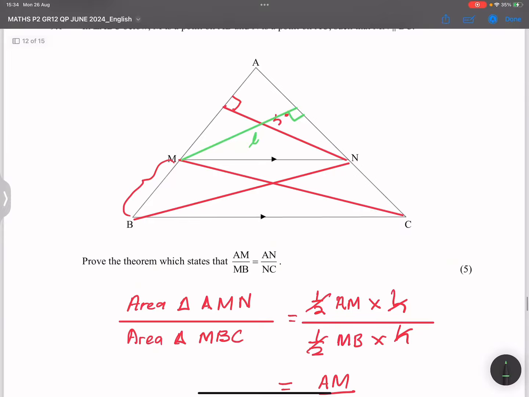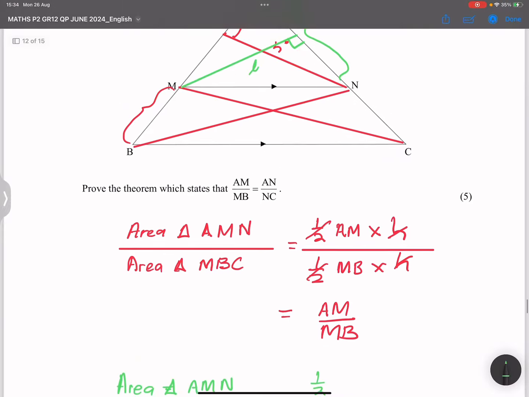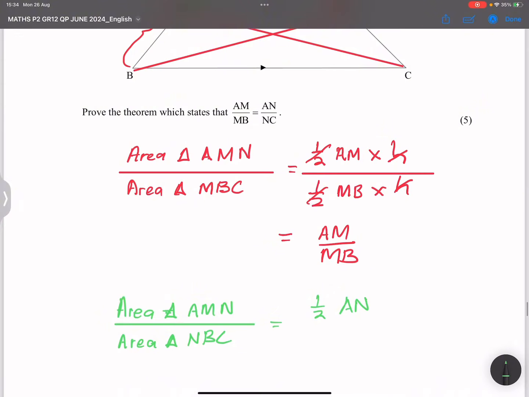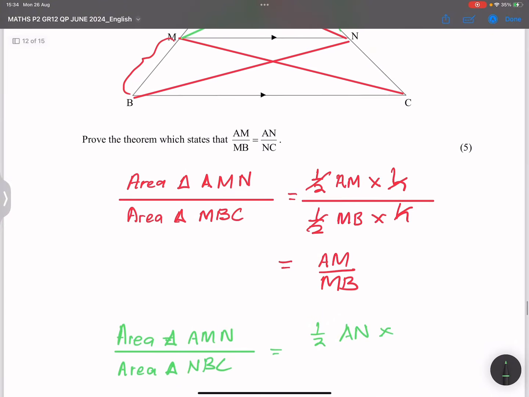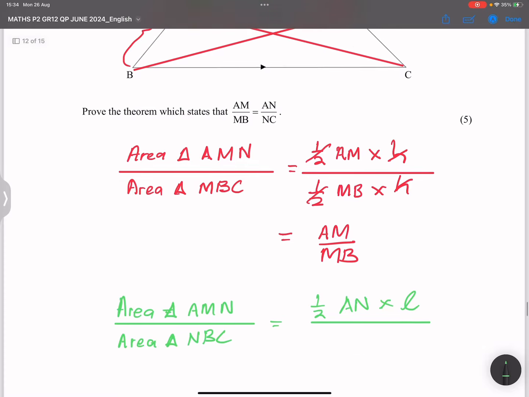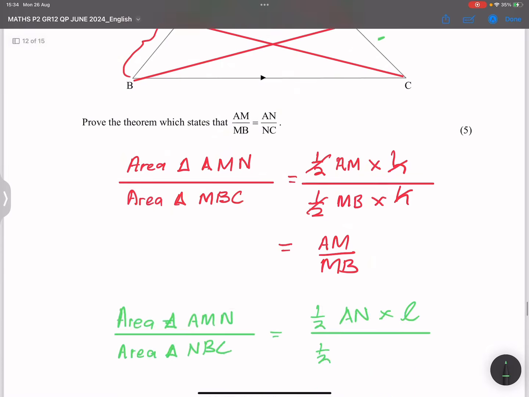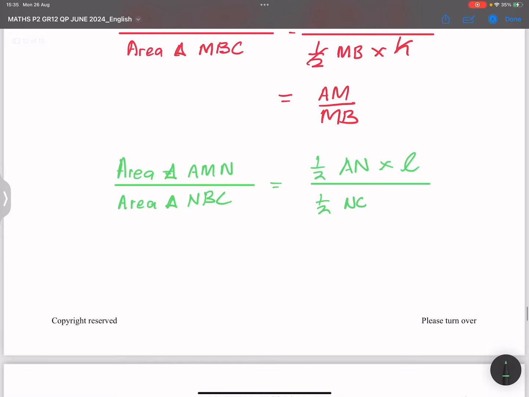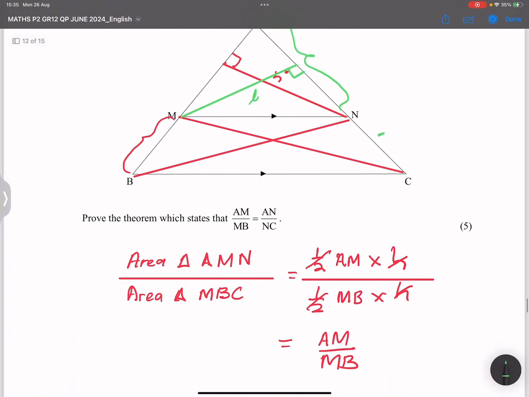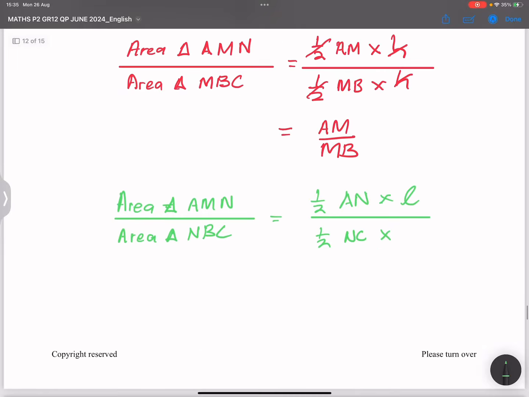Our base would be AN, this side here, times the perpendicular height L. This is divided by half of NBC. Once again, that's NC, our base, multiplied by the perpendicular height, our line L. So again, you've got the same ratio over there. So that cancels with that, and we are left with AN over NC.